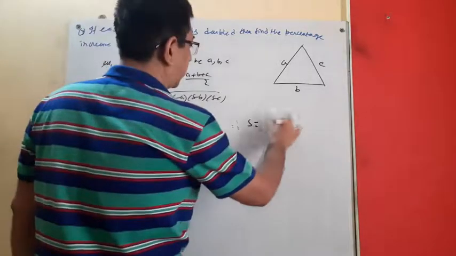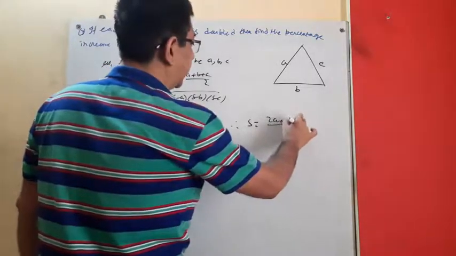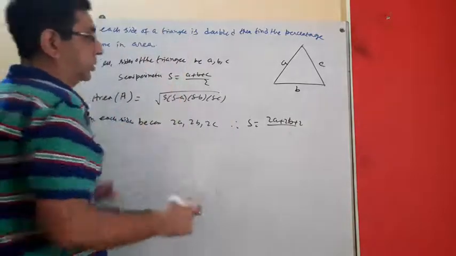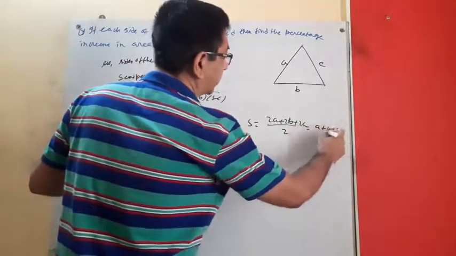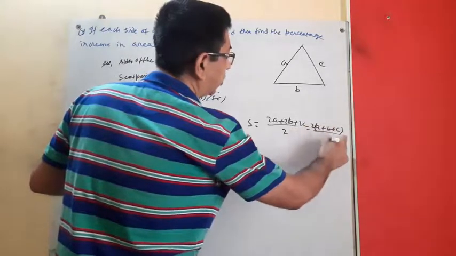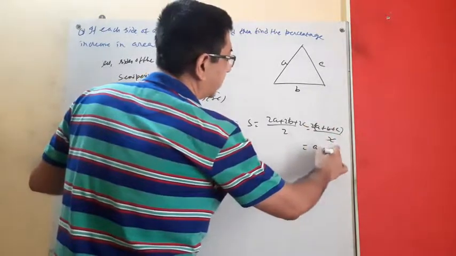Therefore s equals (2a plus 2b plus 2c) by 2. Why 2a, 2b? Because each side is doubled. So ultimately we are getting a plus b plus c, taking 2 common and cancelling.